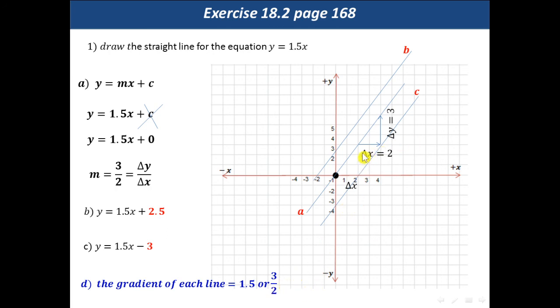Dx is 2, so you go 2 squares to the right, and 3 is the dy, you go 3 squares upwards, so that you intercept with the line, so that you make your triangle. If the line wasn't that way, you go downwards with the 3, and it's going to be minus 3 because it's a negative gradient.